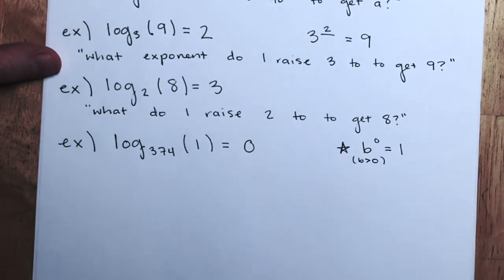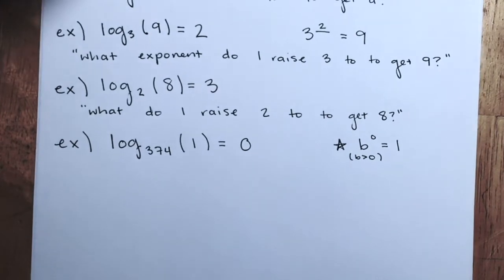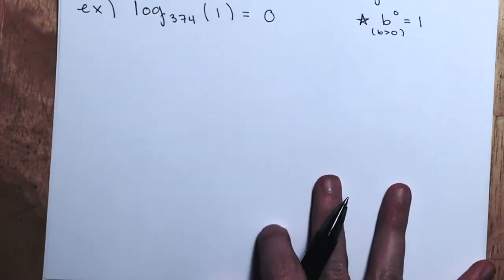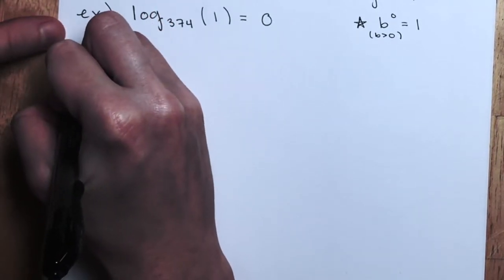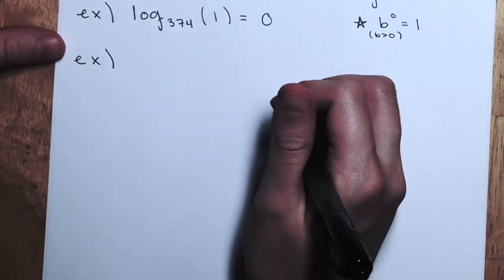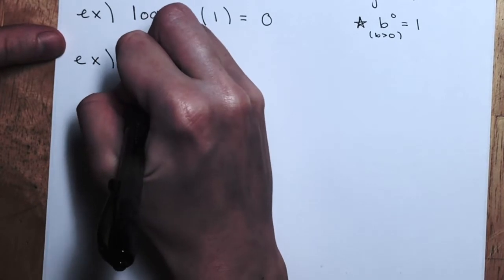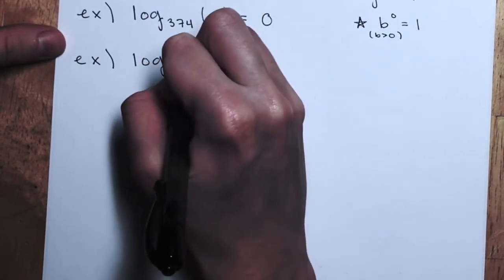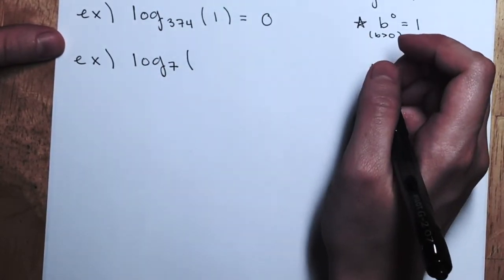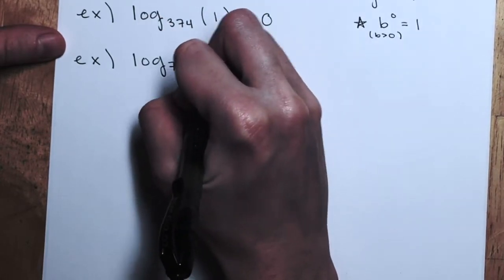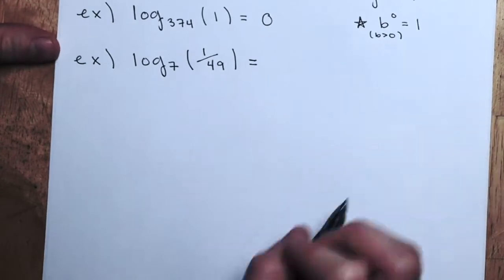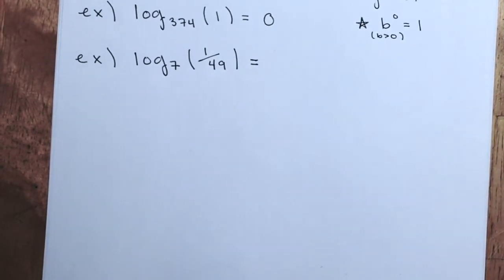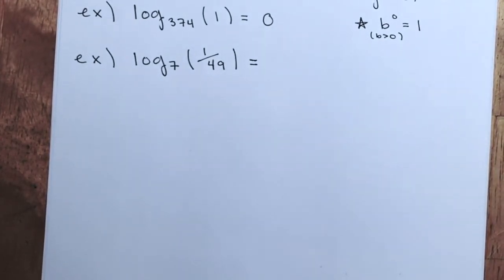Okay, let's do a couple other ones that help us remember some of these older facts. So for example, let's say we're dealing with log base 7 and we want to know what we've got to raise 7 to get 1 over 49. This one is a little bit tricky, but not terribly tricky.